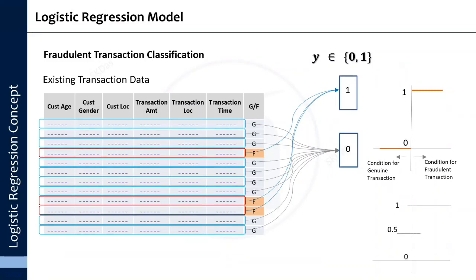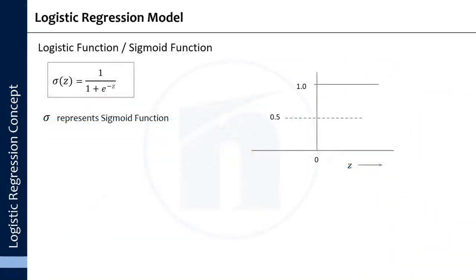So you can see the sigmoid curve over here. We'll explain the curve more in detail in the next slide. The sigmoid curve is represented by the formula sigma z equals 1 divided by 1 plus e to the power minus z. e is the constant, called Euler's number, which is 2.718.